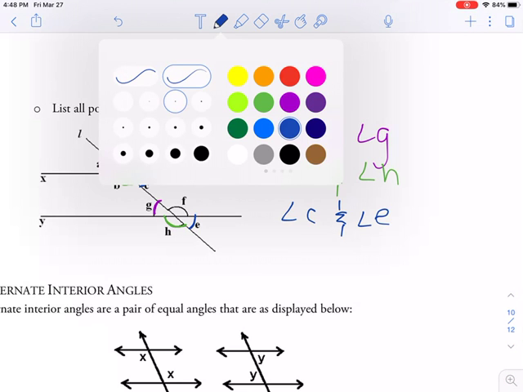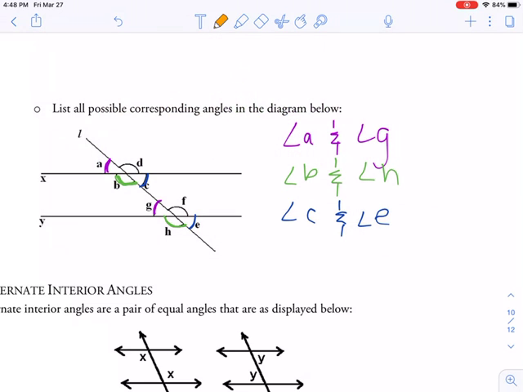And last but not least, we have angle D here in the top right corner, and correspondingly, angle F. So angle D and angle F are also a corresponding angle pair.